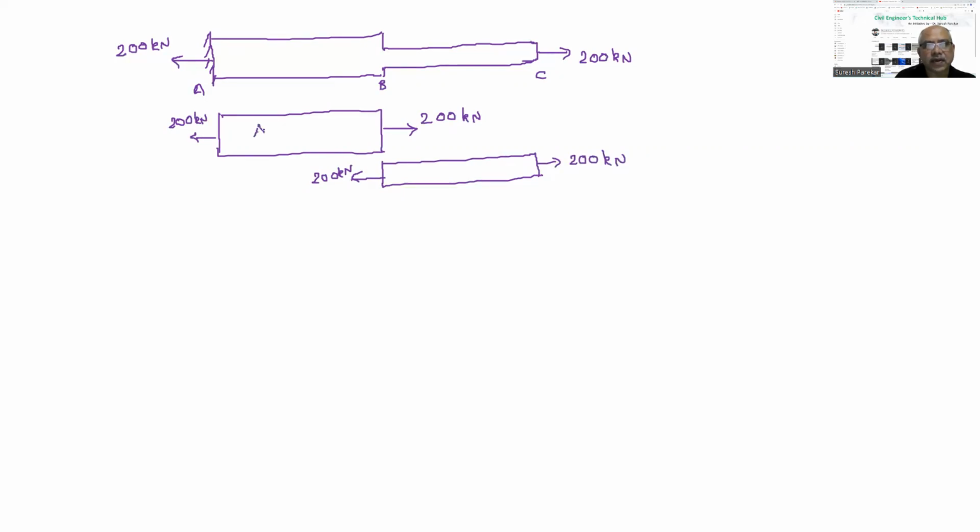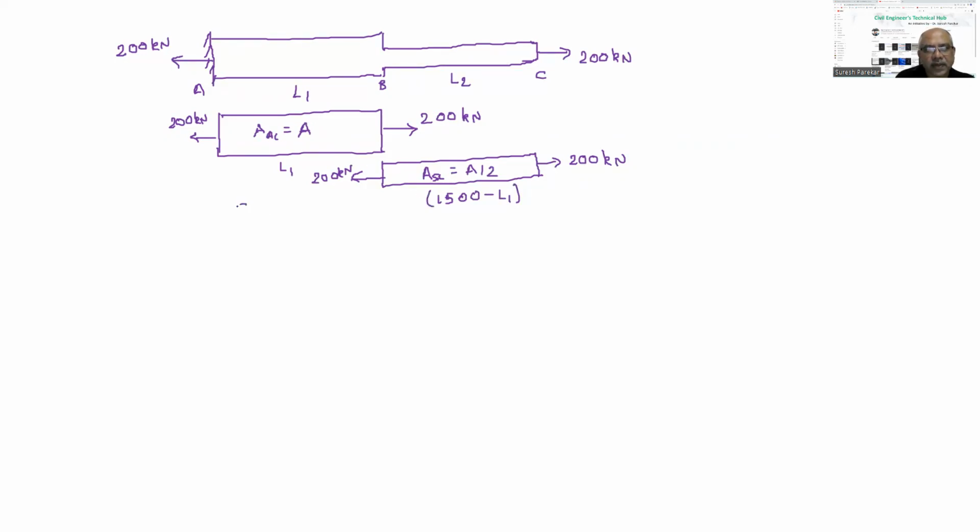Now let A of aluminum equal A, then A of steel is A by 2. If this length is L1 and this length is L2, then L2 is 1500 minus L1, because total we have 1500.